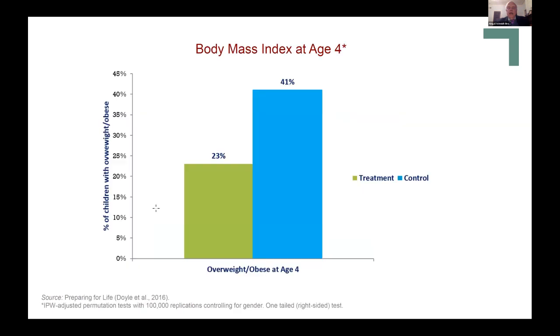And there's also a health benefit, that fewer of those children are overweight. And remember, it's not a health program, but it's targeting the parents to interact with the child and then to develop those social and emotional and cognitive skills.